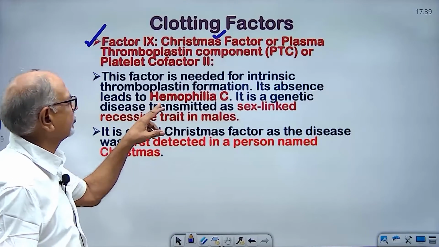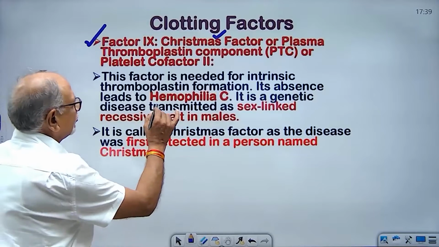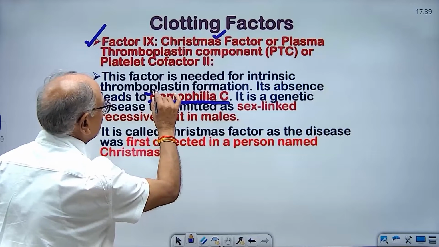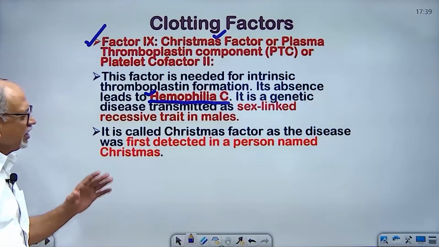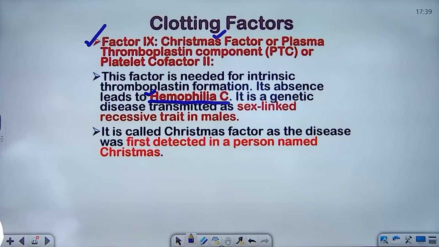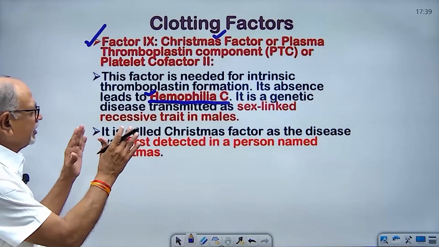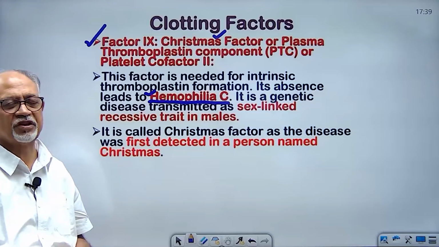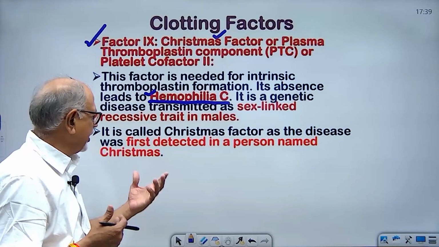Its absence leads to a kind of hemophilia called Hemophilia B. It is a genetic disease transmitted by X-linked recessive trait in males, as I just discussed in case of Hemophilia A.